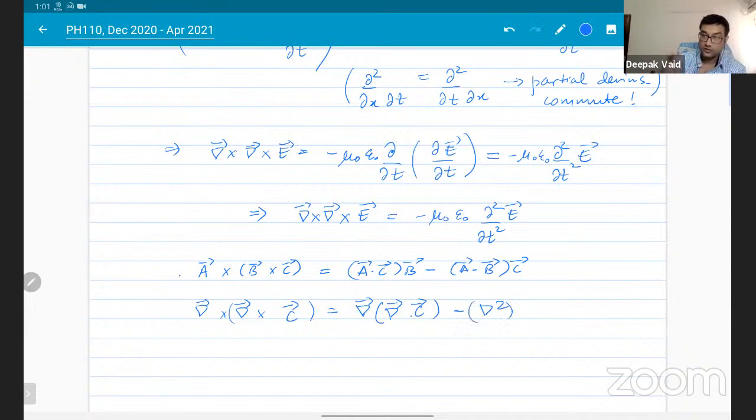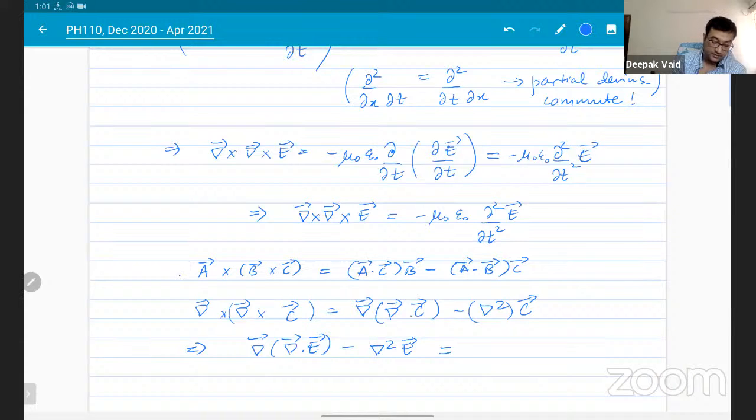It will become del dot del. So this quantity, curl of curl of E, can be written as gradient of the divergence of E minus del square E.